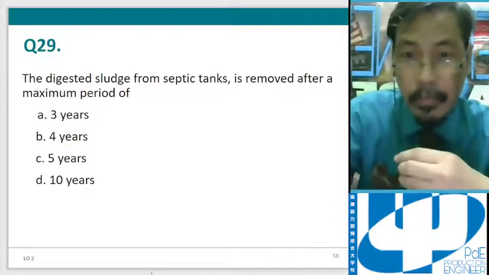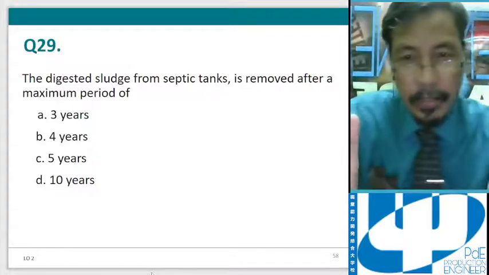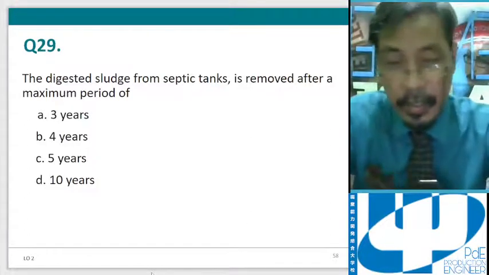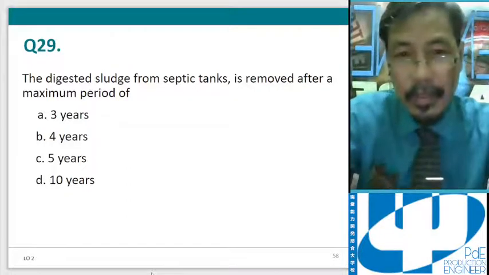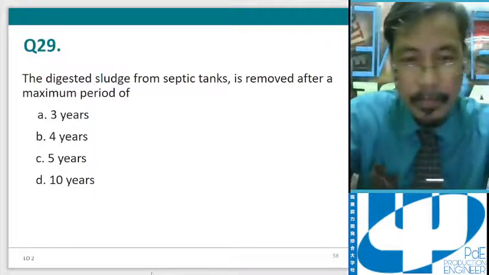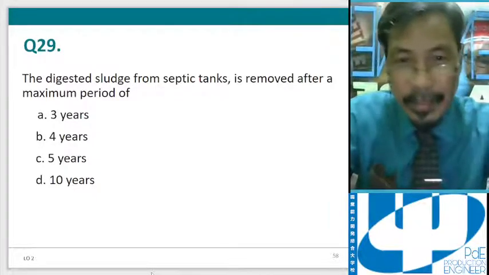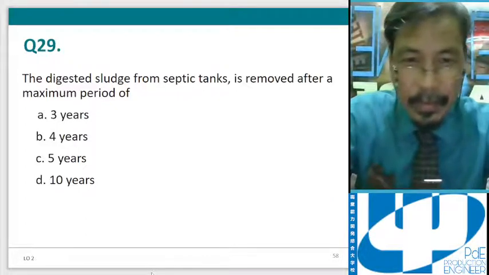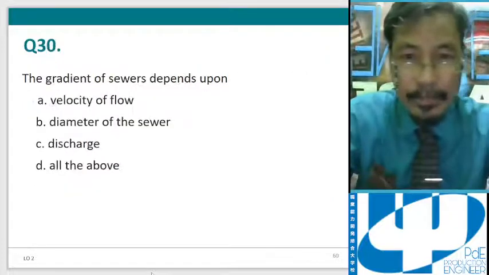It must be removed, then I use the septic tank again for another period of years. This is supposed to be 3, but nobody does it. In our country, it's almost more than 10 years. So every 3 years is supposed to be.